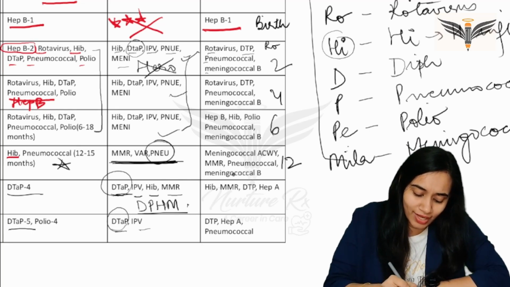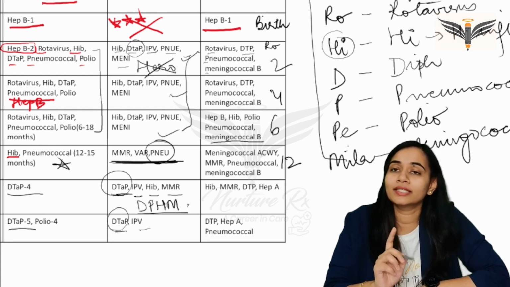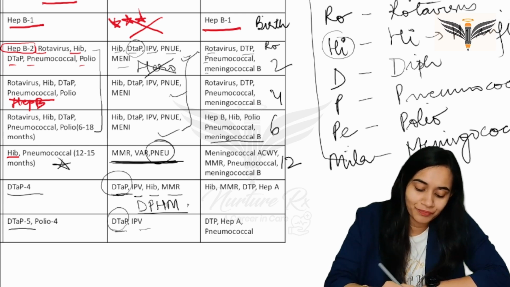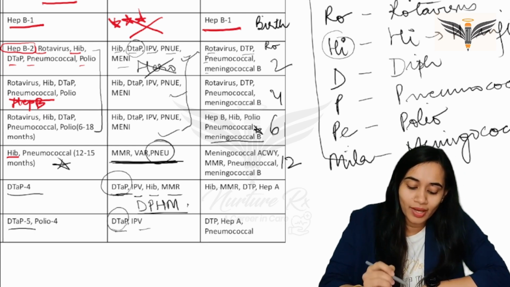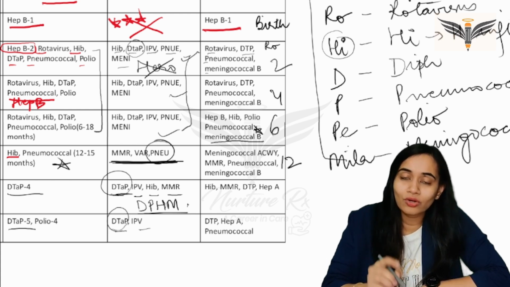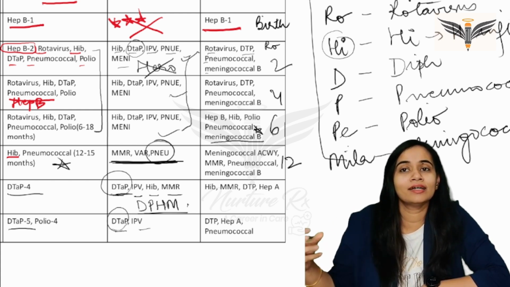So meningococcal vaccine and pneumococcal we were already giving. What is the difference here? Till 6 months of age we were giving meningococcal B vaccine. At 12 months of age, meningococcal ACWY vaccine is given. What is ACWY?